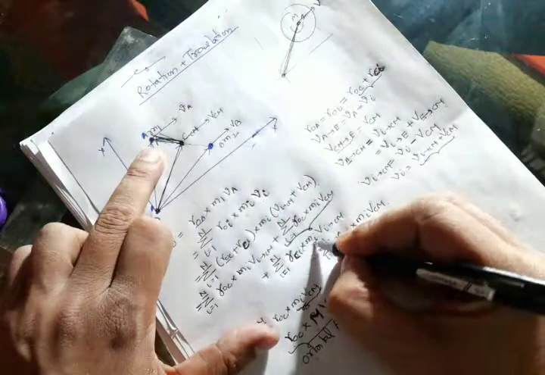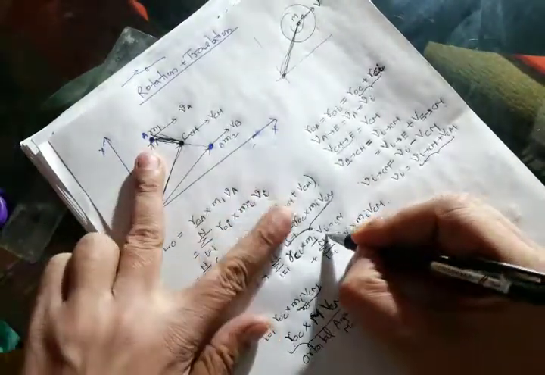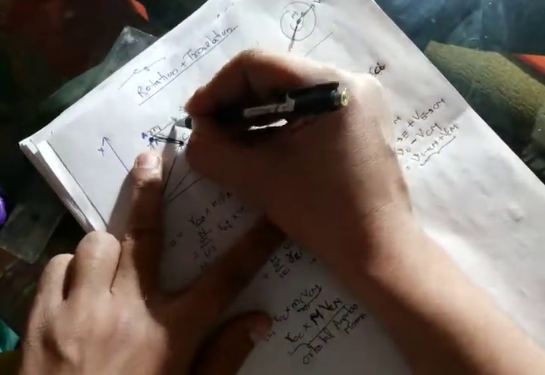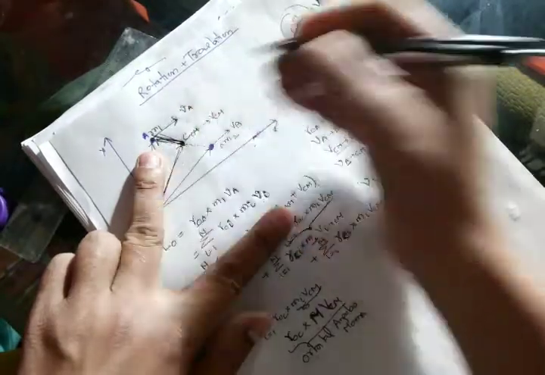So this is RCI, the distance, MI, and VI, the velocity of this I with respect to center of mass.